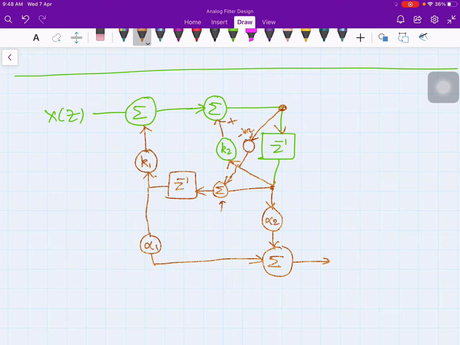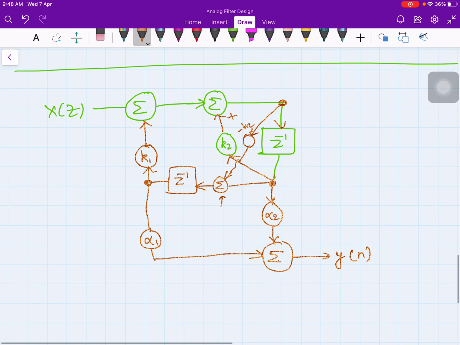So from here multiplier alpha 1, and from here I have a multiplier alpha 2, and this is the output y of n, or I can write y of z.